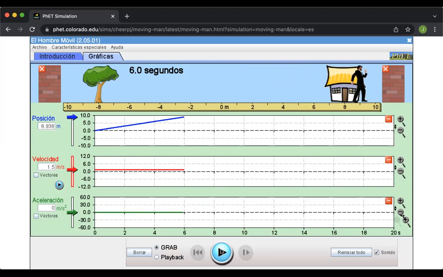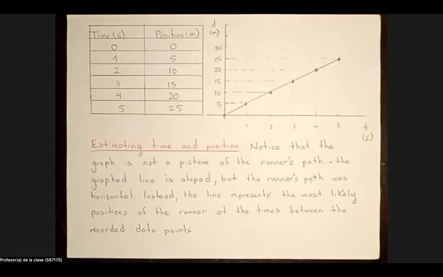Okay, so of course, the man is walking or running on the horizontal plane, on the ground, but the position time graph is a straight line with a slope. Okay, so that means the last paragraph, okay, is not a picture of the object that is moving.